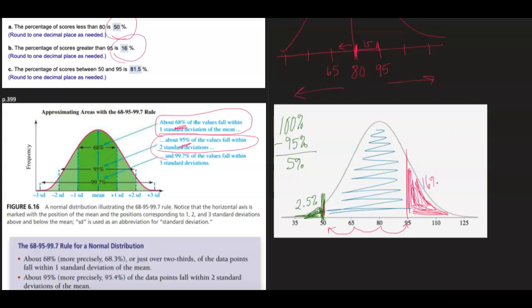So let's take 100%, subtract 16, and subtract 2.5, and that's how we come up with 81.5% of the data, or the values, falls here in the blue region, as we see right here.